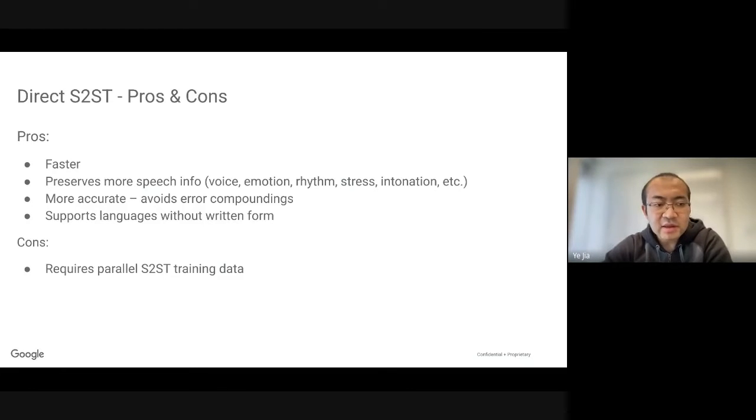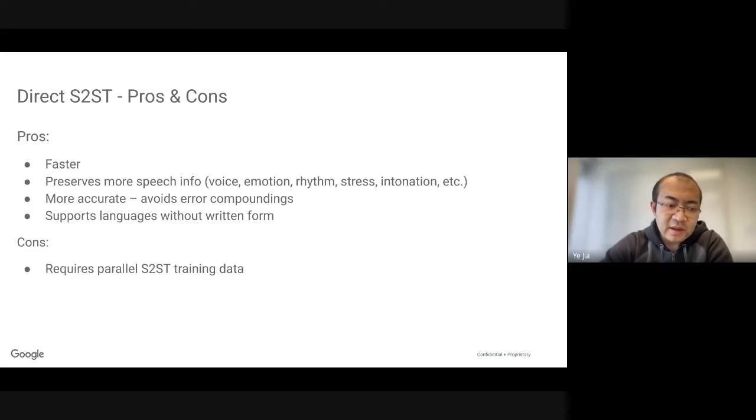Secondly, because the direct models work directly in the speech domain, they're capable of preserving more speech information. In human communication, the information being exchanged is not only the content being spoken, but oftentimes the way you speak is more important, such as the emotion, the rhythm, the stress, the intonation, and also your voice. These are also important parts of the communication.